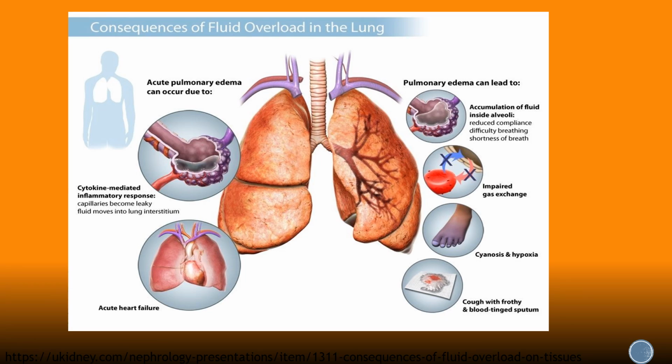You may want to look at this and get a good idea of what is going on with, here's the inflammatory response, and it causes the leaking and the accumulation of fluid in the alveoli. So the compliance of the lung is less, the gas exchange is impaired, cyanosis, hypoxia, frothy blood tinged sputum from this fluid overload.